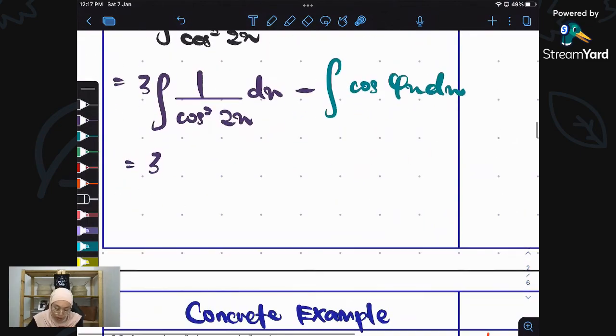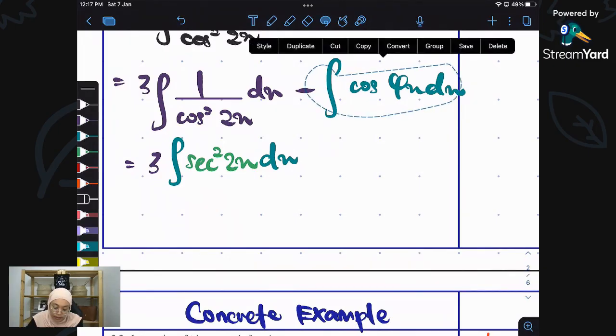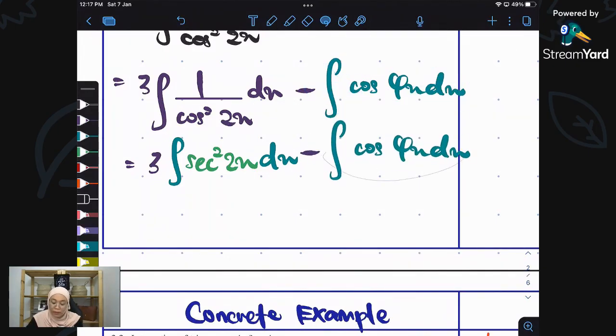So this is the knowledge of chapter 7 dulu ya. So di dalam ni jadilah pula secant squared 2x. Okay, this is knowledge chapter 7 dahulu. Yang ni saya hanya bawa dia turun. Saya belum selesaikan lagi sebab dia masih dalam integral.